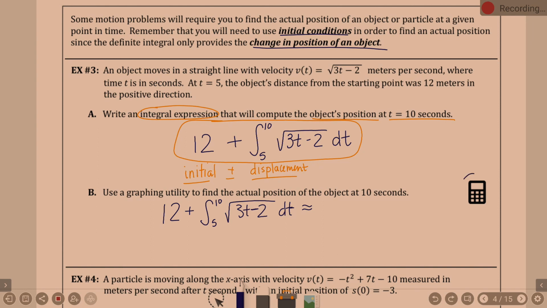That's meters. 34 point, what'd you say? 509 would be the rounded version. And what label did you give me? Meters.